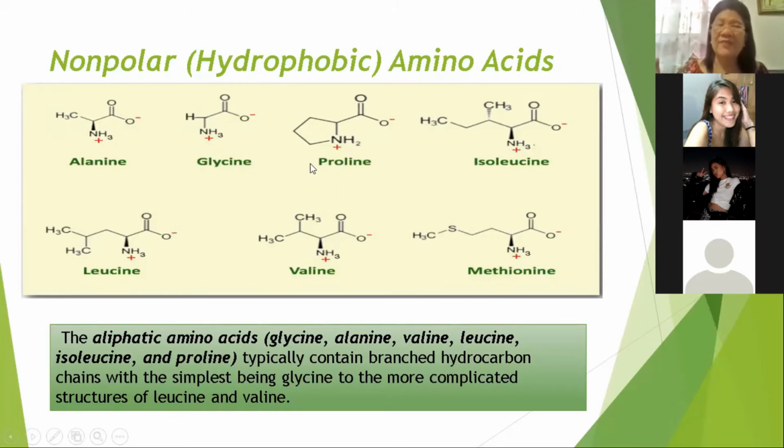Then the isoleucine, kani ang iyang R group. Then the leucine kani. What's the difference between isoleucine and leucine? The difference only is in the placing of the CH3. Tanawa, lahi ang iya. The CH3 is 1, 2.